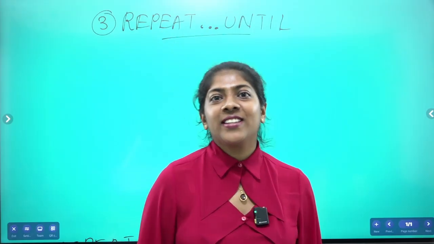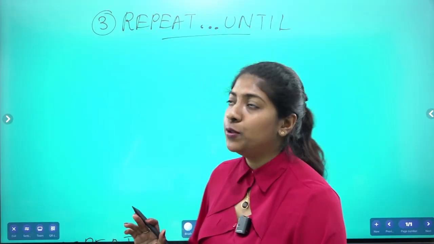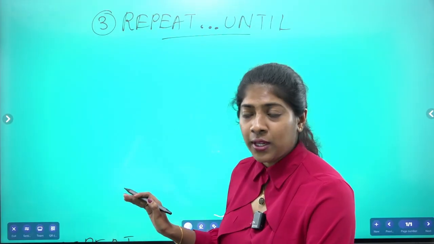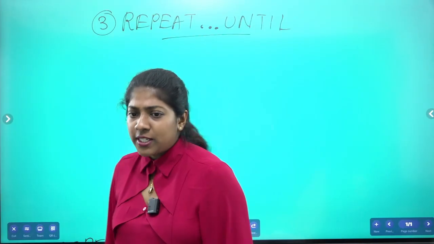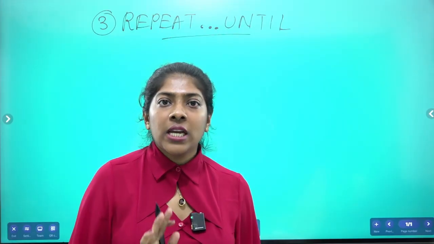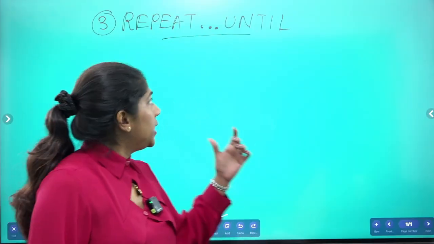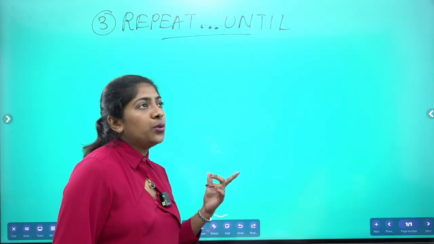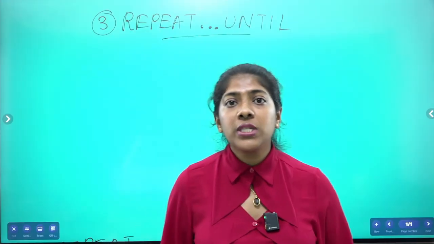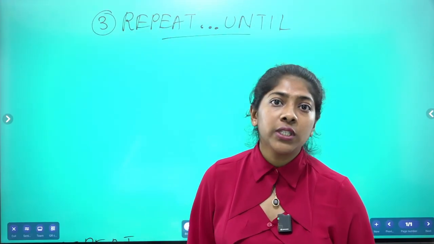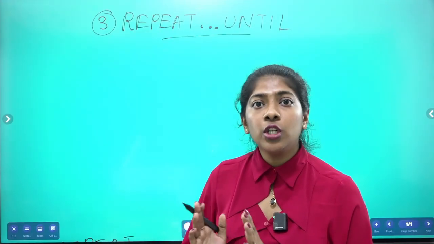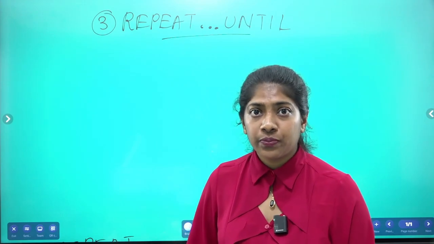Understood? Okay, now let's discuss the third type of loop, the repeat until loop. What happens in a repeat until loop? Just like in the while loop, in repeat until also we use this loop when we don't know the number of iterations the loop should perform.